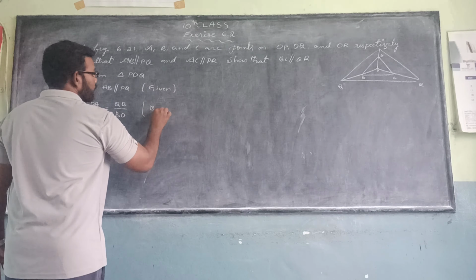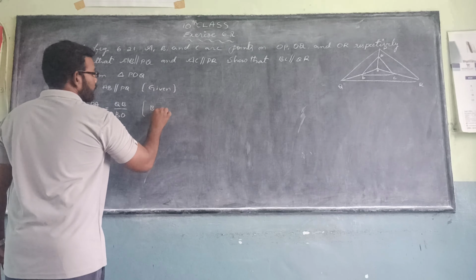And also, now I am taking the triangle POR. From triangle POR, here given that AC is parallel to PR. This is the given. So if you observe, AC is parallel to PR and also AC line segment is passing through two distinct points on the other two sides.